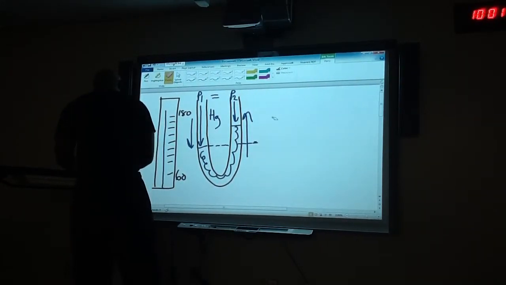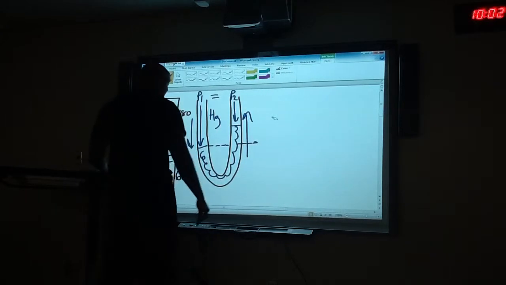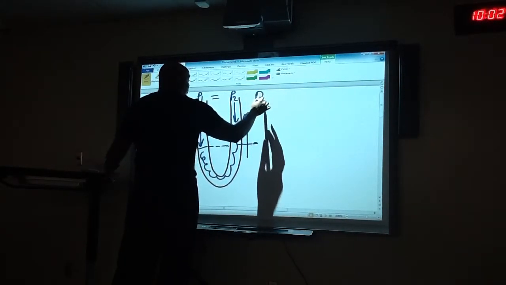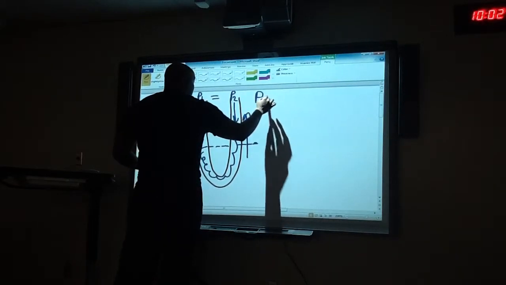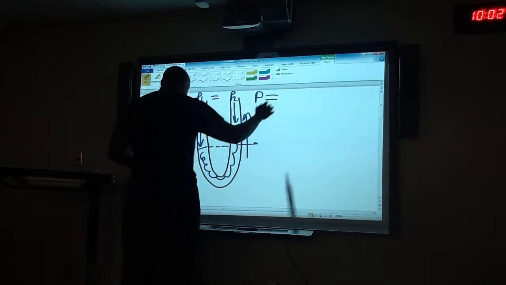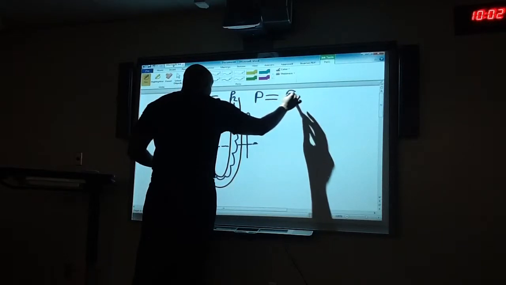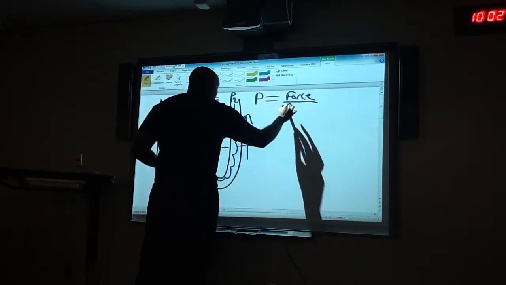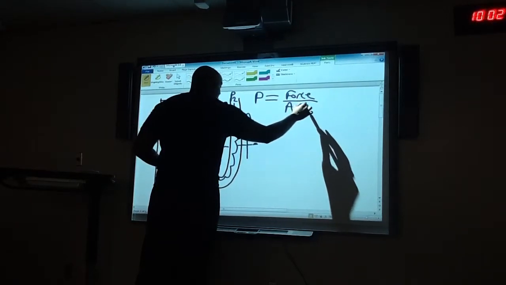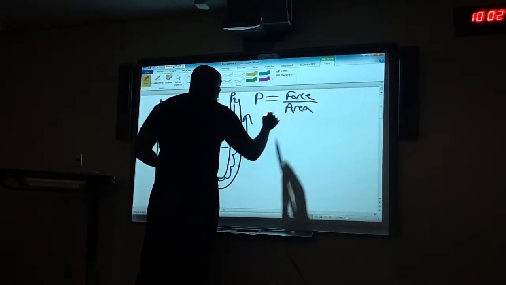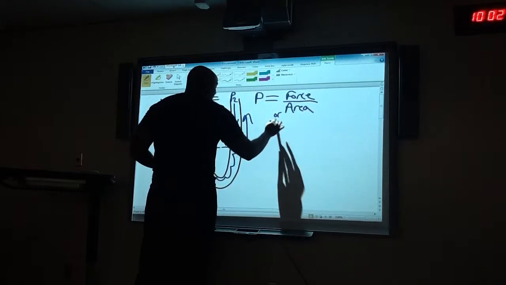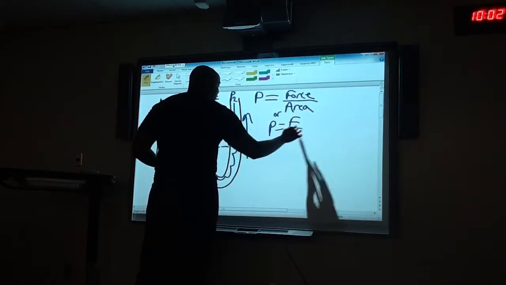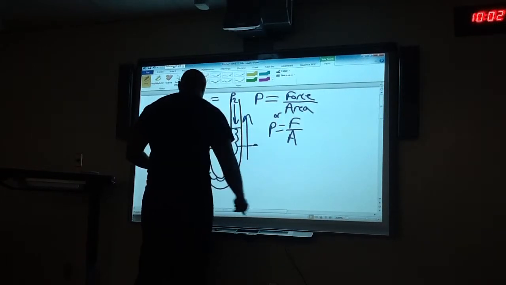So just to keep in mind, let's remember that pressure is, we'll write the formula out for pressure, which is P is equal to force over area.